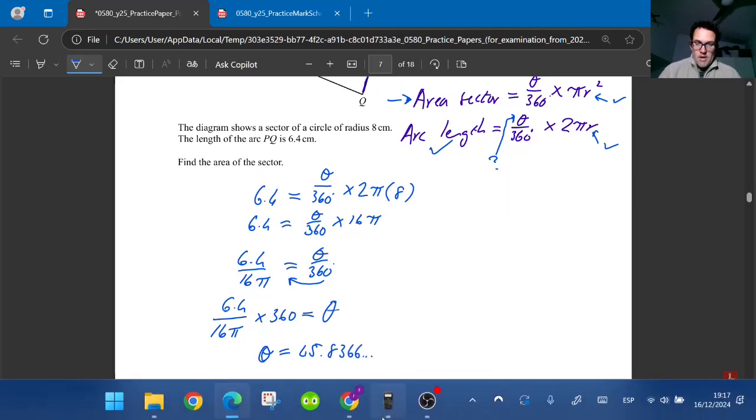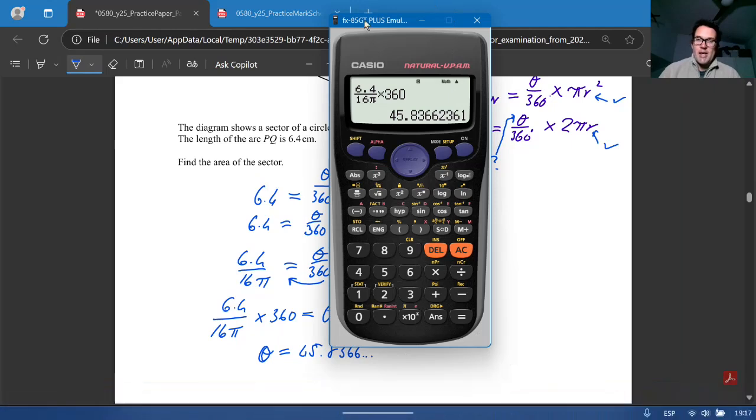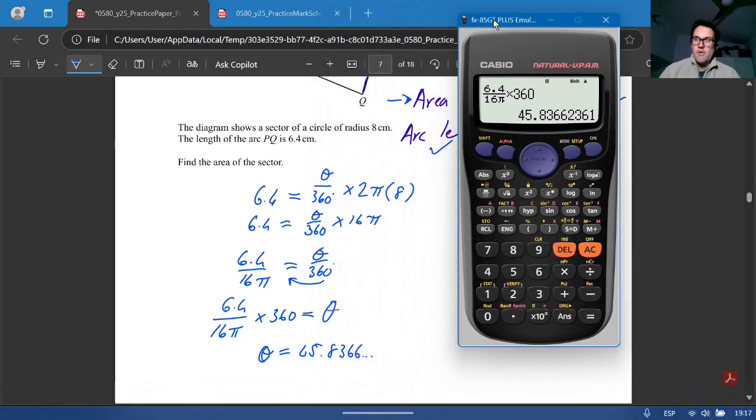Now, in every examiner's report of every exam I've read, the examiner says students should be reminded not to prematurely round their answers. This is an example of that, right? Do not round it to 45.8 or make it shorter.